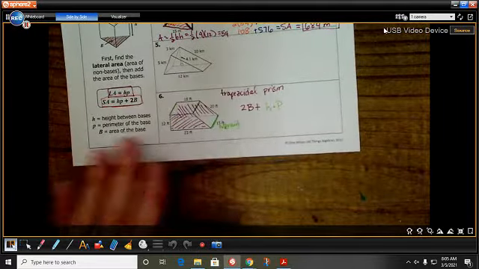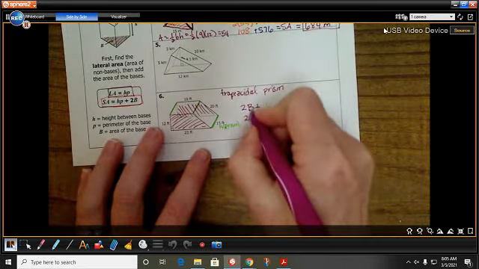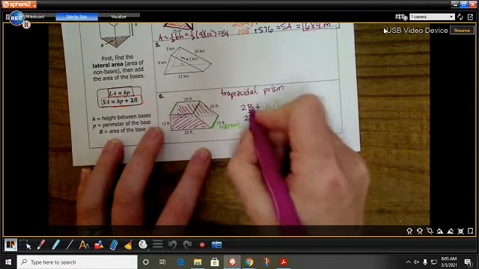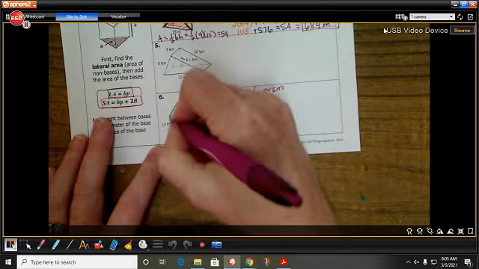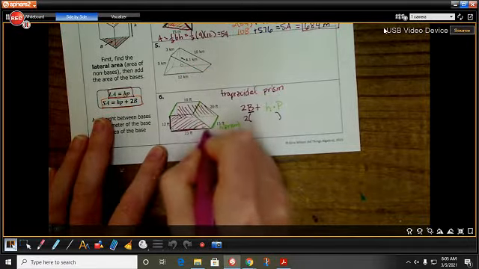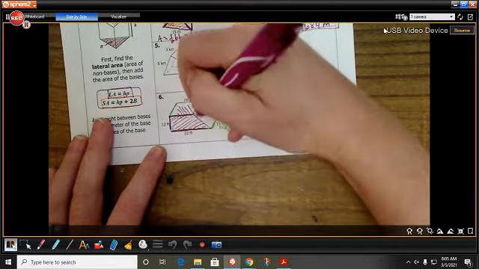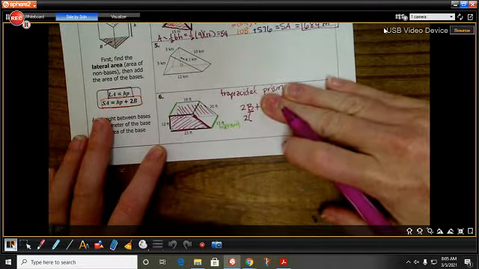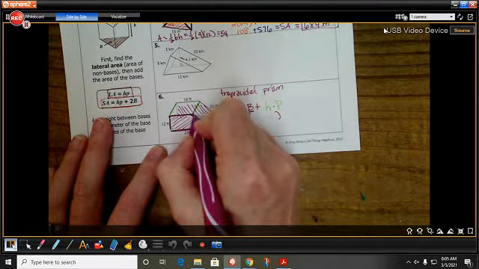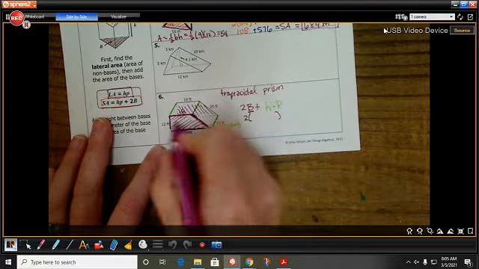Now, to find the area of my trapezoid base, I'm going to have to come over here and focus just on this trapezoidal base. So I'm going to focus on it now and ignore all this other stuff for now. To do just the trapezoid, I need to find the area of a trapezoid.